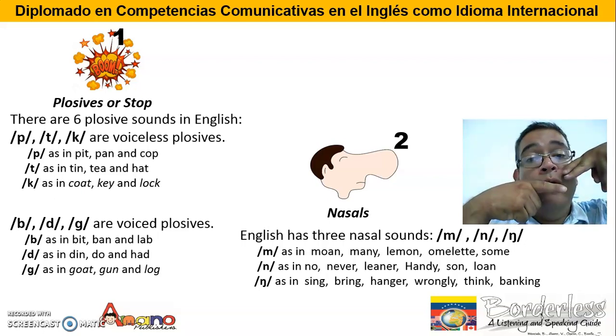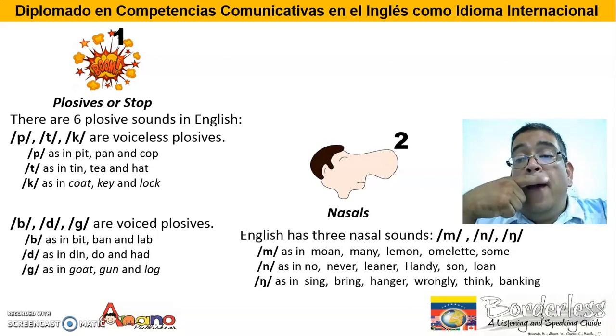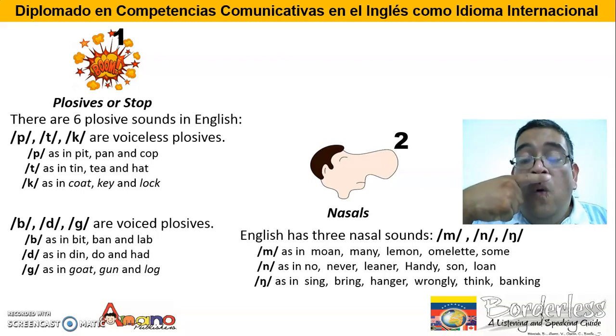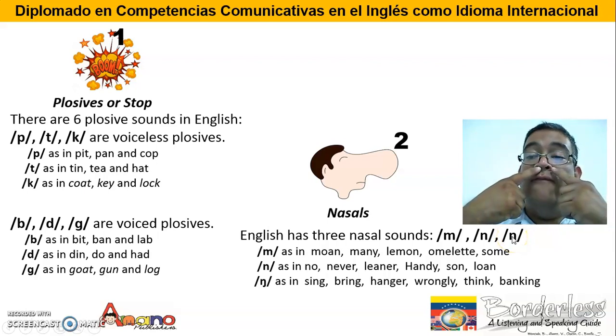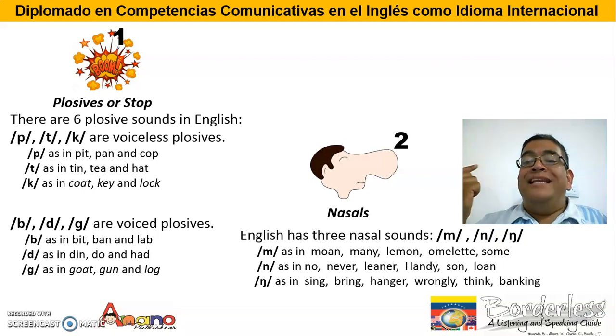The air flows and comes out from the nose and hits your finger. Or in the case of ng, the flow of air comes out from the nose, okay?